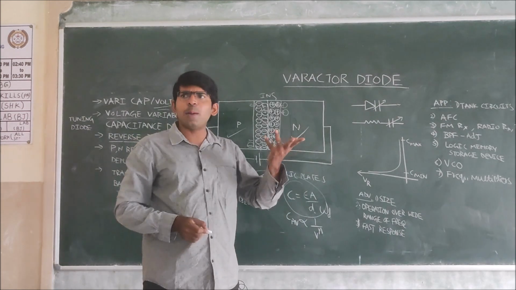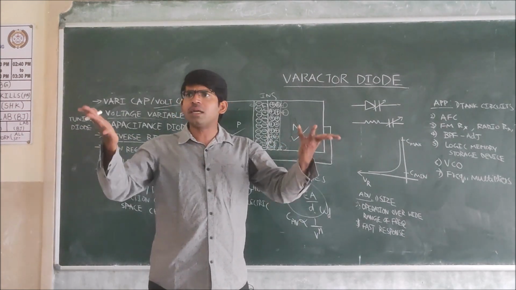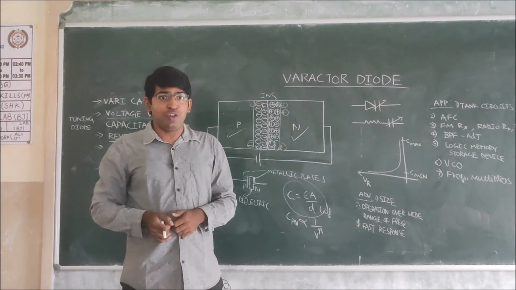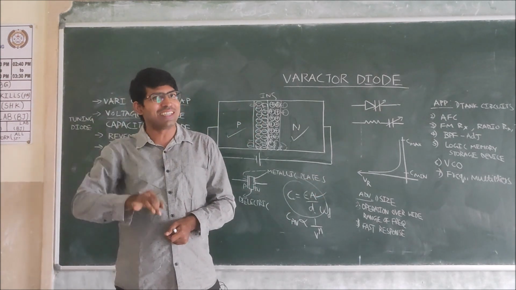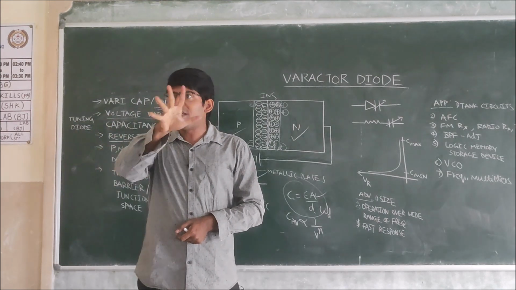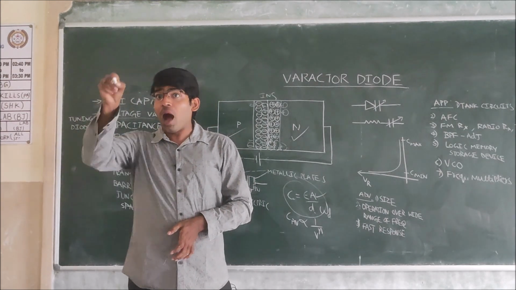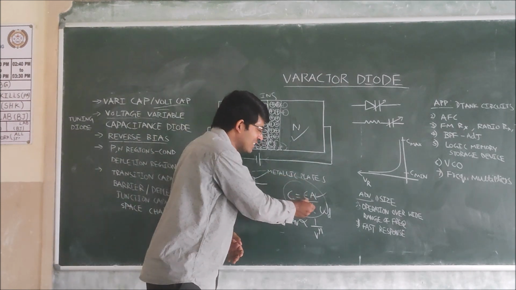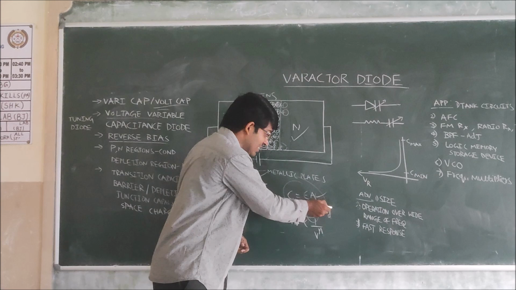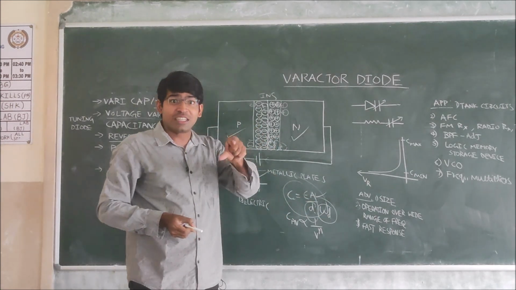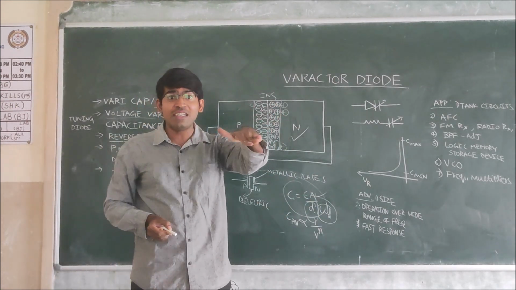We cannot change epsilon because the semiconductor material is fixed. We cannot change the area because the PN junction cross-sectional area is fixed. What parameter can we change? We can change the distance between the plates, the dielectric width, that is, the depletion region width.